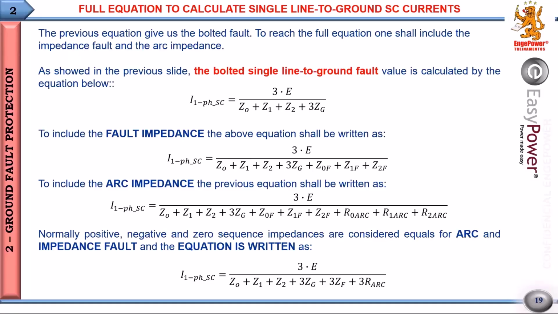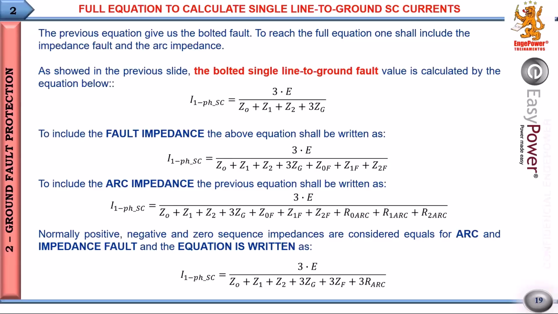Including the fault impedance, remember that the fault impedance is connected between the phase and ground, differently from ZG that's connected between the neutral and ground. But we have zero sequence fault impedance, positive sequence and negative sequence fault impedance.